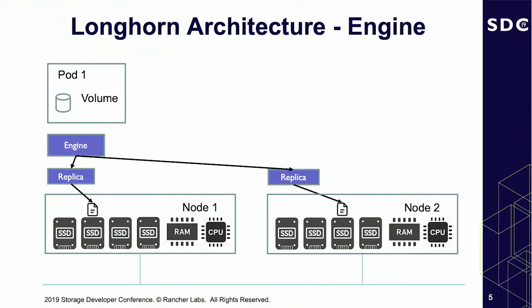Then we create a Longhorn engine that connects to the 2 replicas to form a Longhorn volume. The Longhorn engine resides on the same node as the pod, which is the consumer of the volume, and exposes the volume as a block device to the node.